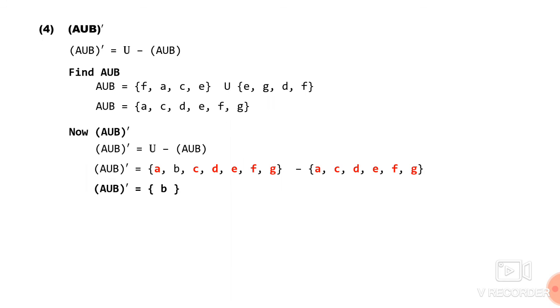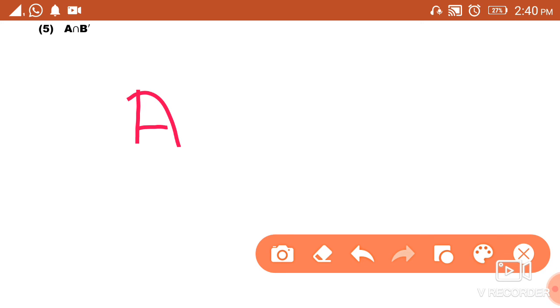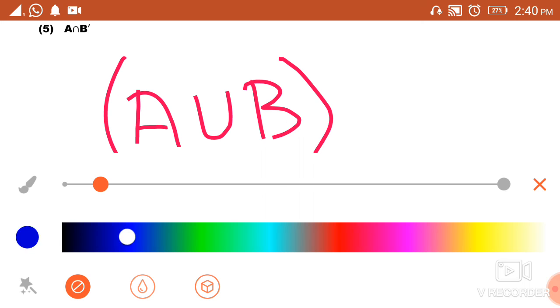Okay, this is part 4. Moving forward, we have part 5. A intersection B complement. Here you can check the difference between the previous question and this question. In the previous question, the complement was written outside the bracket, so it was the whole complement.